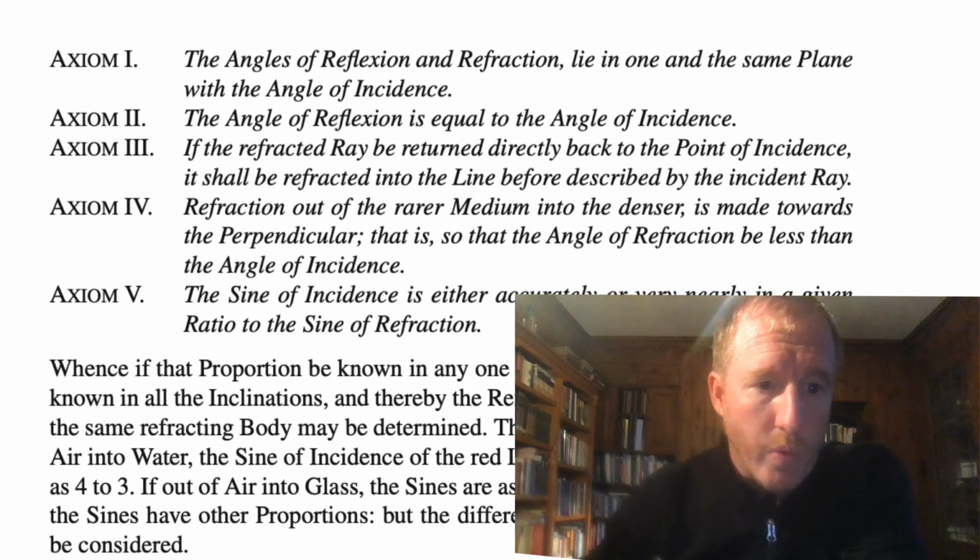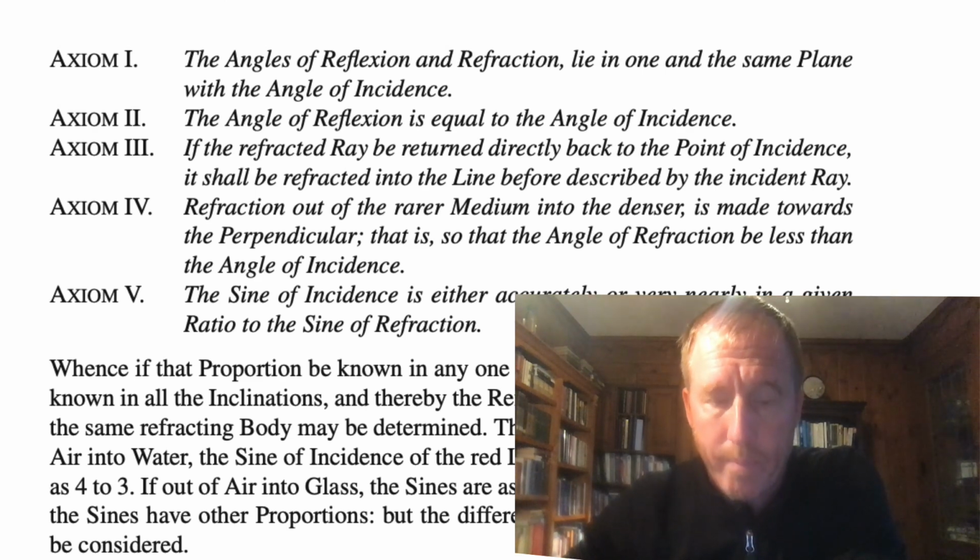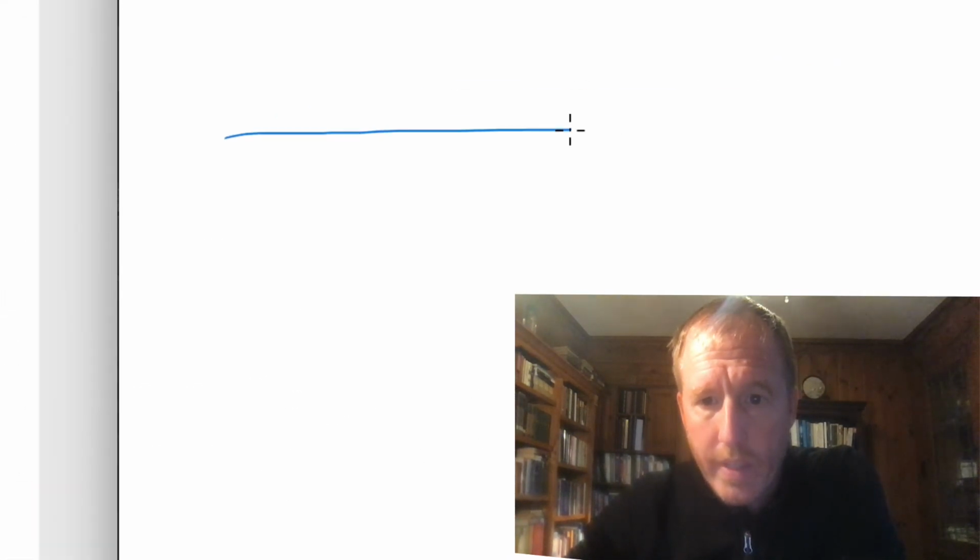What about axiom 4? He says that refraction out of the rarer medium into the denser is made towards the perpendicular. That is, so that the angle of refraction be less than the angle of incidence. Okay, what does he mean by this?